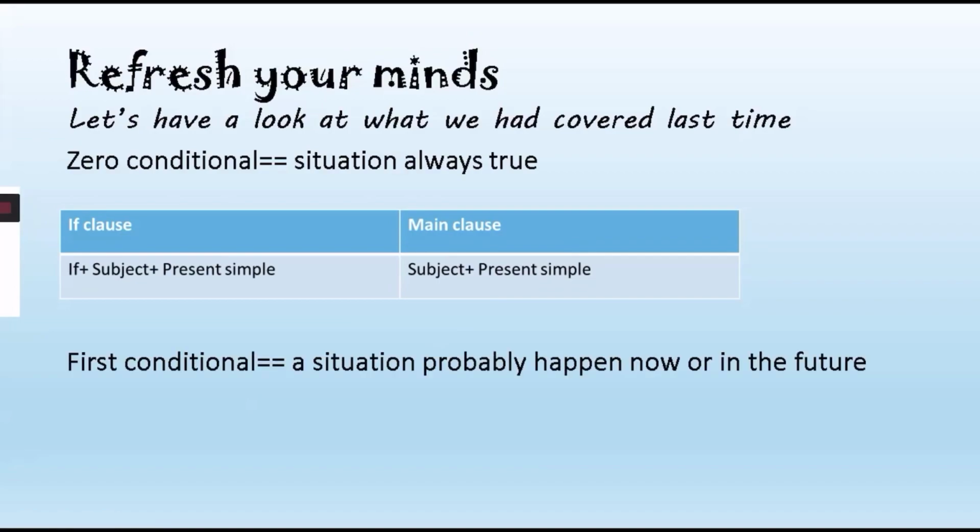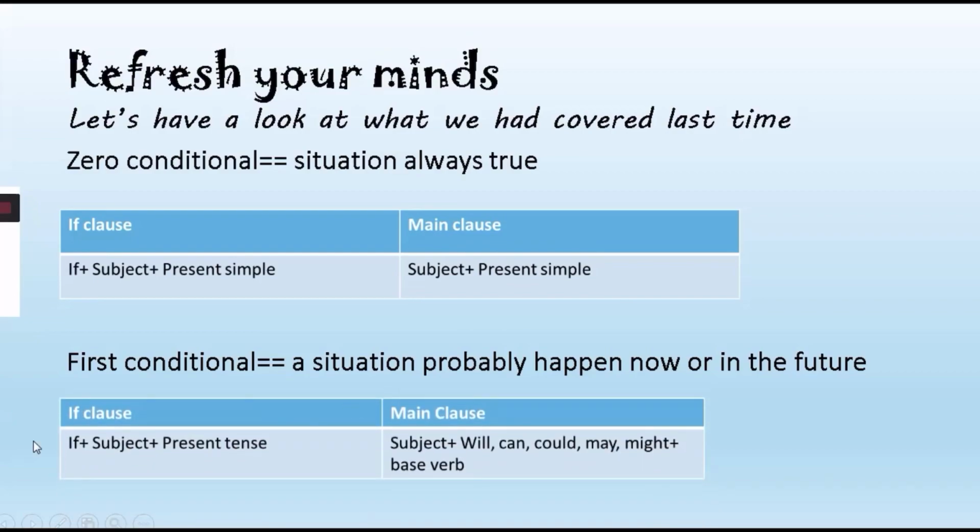Now let's move to the first conditional. For the first conditional, why do we use it? To talk about a situation which will probably happen now or in the future. Now, how to form it? We use if followed by the subject in the present tense. And for the main clause, how do we form it?